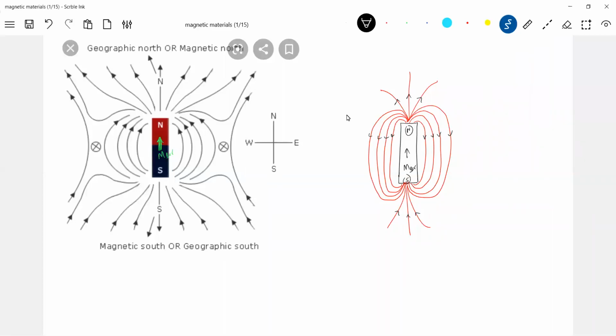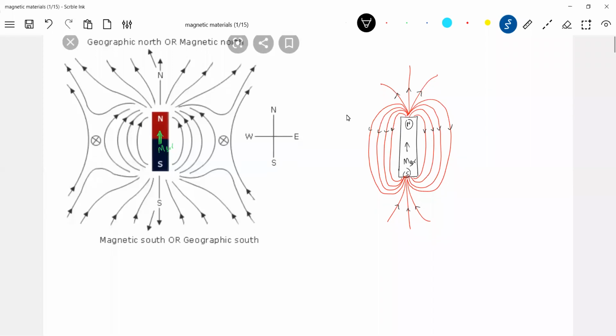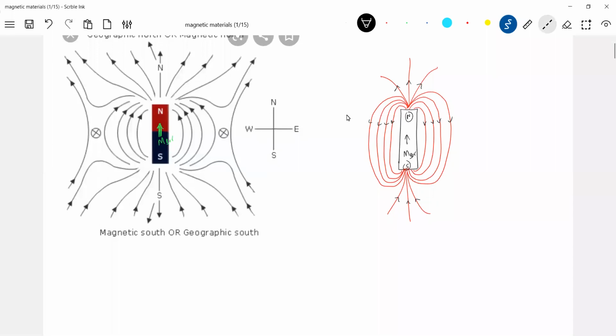Now, you superimpose on this the Earth's magnetic field. But Earth's magnetic field will not be tangential to the surface of the Earth everywhere; it will be tangential only at the magnetic equator. So let's talk about only the horizontal component of the Earth's magnetic field.